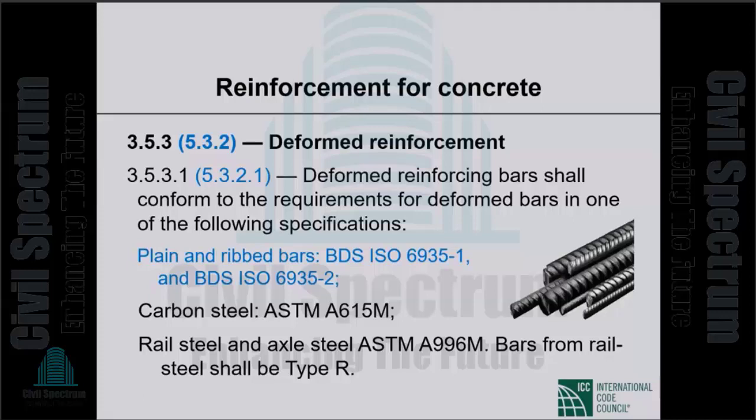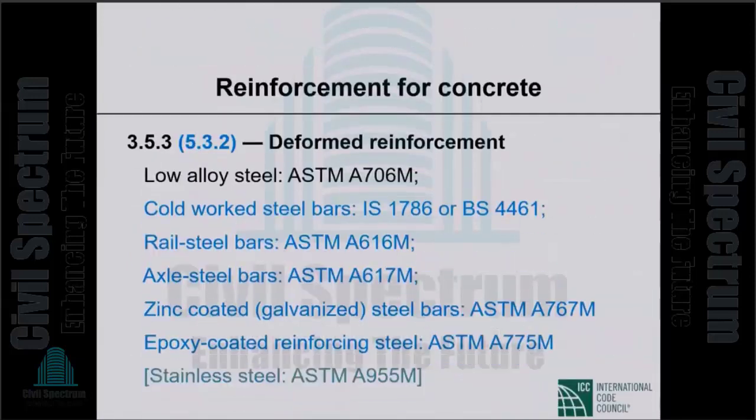Okay. So then there is rail and axle steel, A996. To the best of my knowledge, it is hardly ever used. And then A706, as I mentioned.